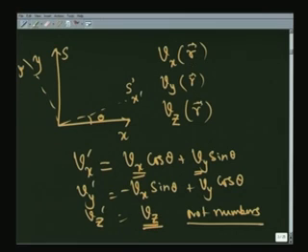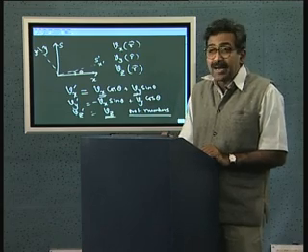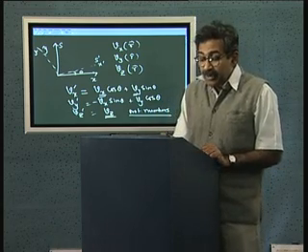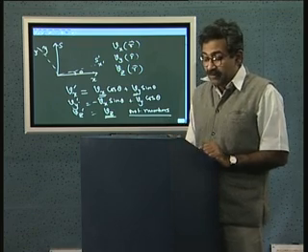But now, when I made a transformation to the new coordinate system S prime, well, there is a correct functional dependence in terms of the rotation angle theta. We have Vx prime, Vy prime, and Vz prime. But in order to be consistent, we should ensure that Vx prime is written as a function of x prime, y prime, z prime. Vy prime is written as a function of x prime, y prime, z prime.